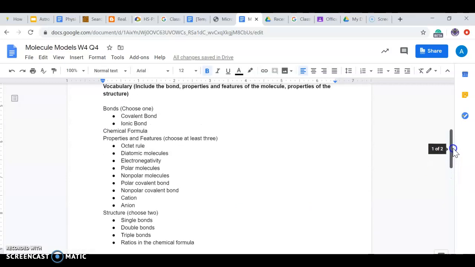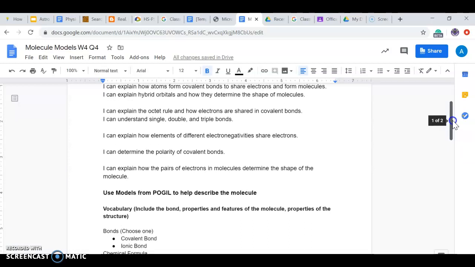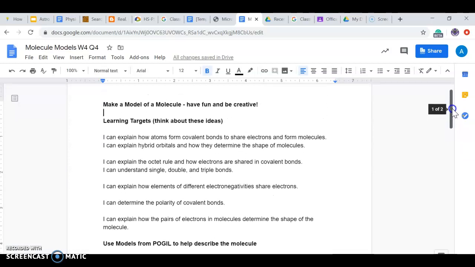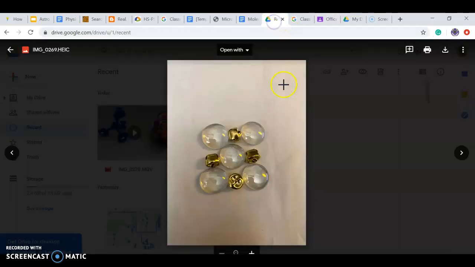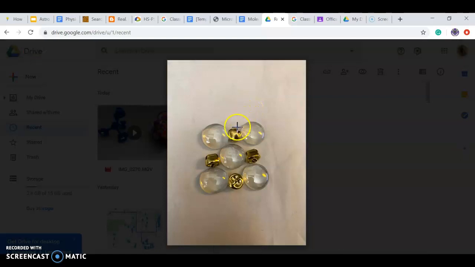Okay, so I put in parentheses some ideas of what I'd be looking for from those. So this is just the overview video. Like I said, there's the other video that shows you some that I made. Let me just show you this picture I did to give you a sense of what I'm looking for. So these are 4 gold bells and some glass beads, all right?